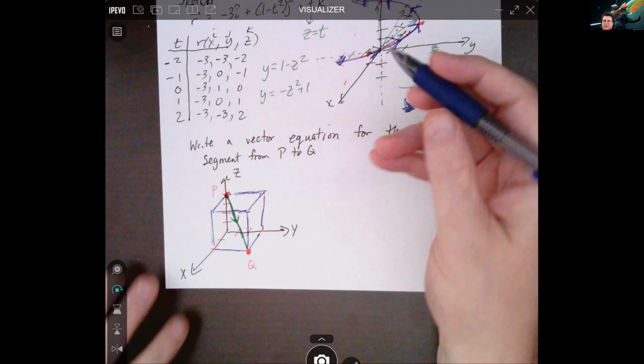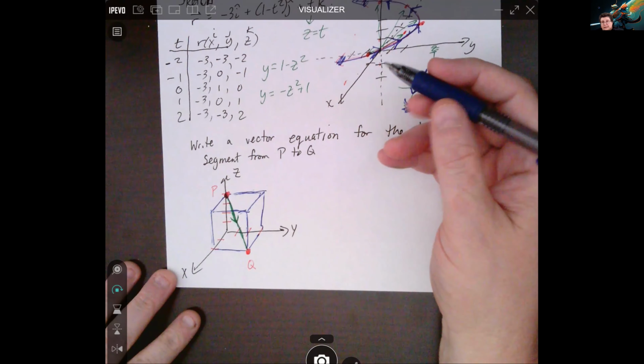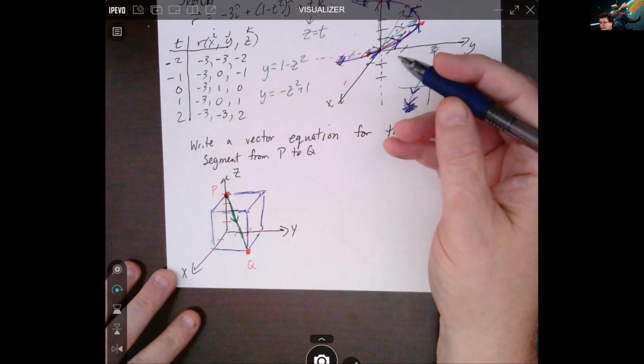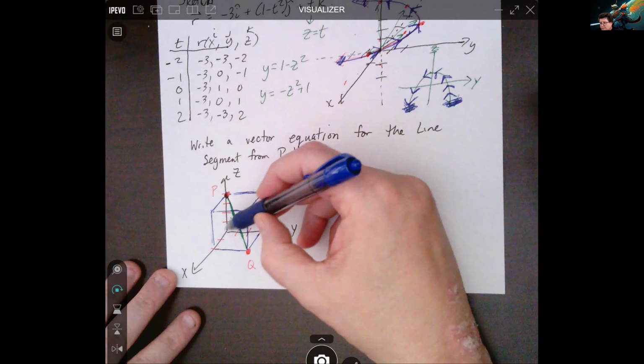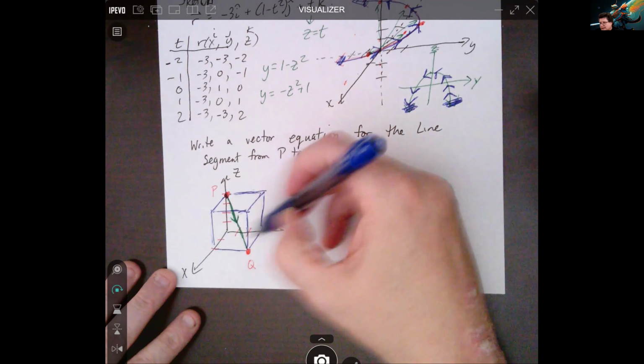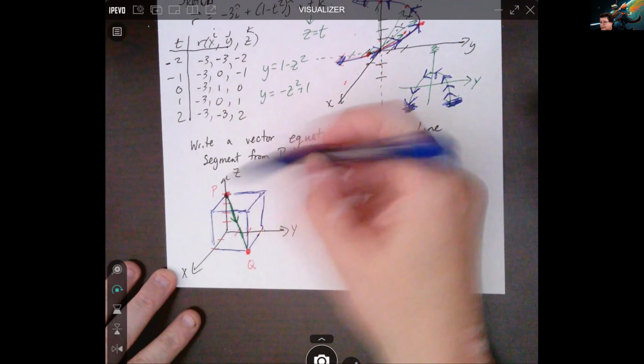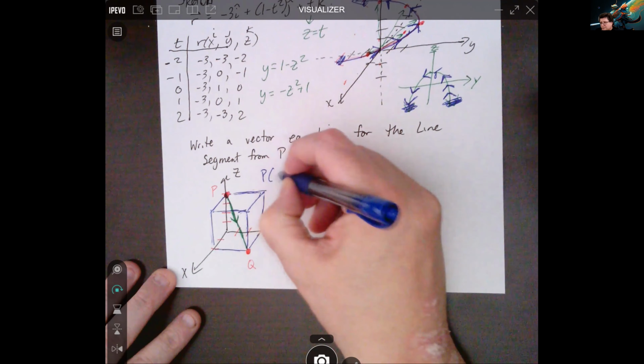This will help you write the equation. P is not in the x-axis, is not in the y-axis, it's just 4 up. So P should be 0, 0, 4. Q is in the x equals 2, y equals 3, 0 plane position.